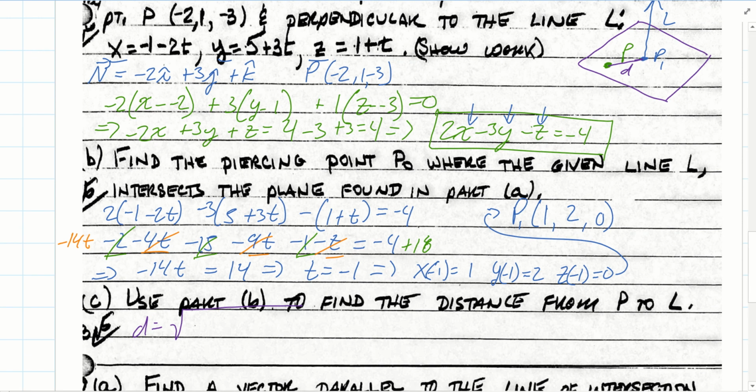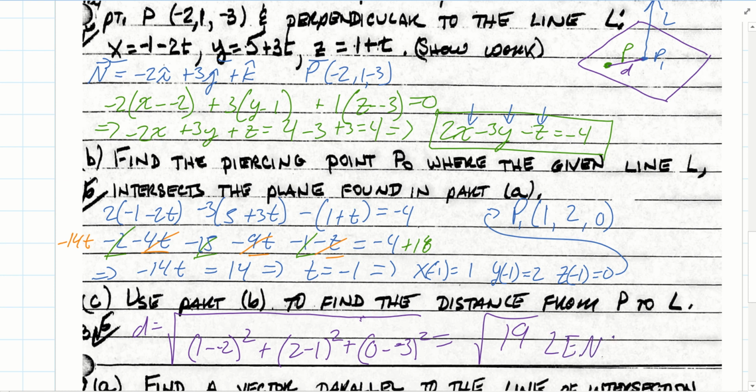Sorry, P. So it'll be 1 minus negative 2 squared plus 2 minus 1 squared plus 0 minus negative 3 squared. And that'll come out to being 9 plus 1 plus 9, so it'll be square root of 19. Remember, that's a length, so we'll label that L, or you can say length like this, to some unit lengths, we don't know.